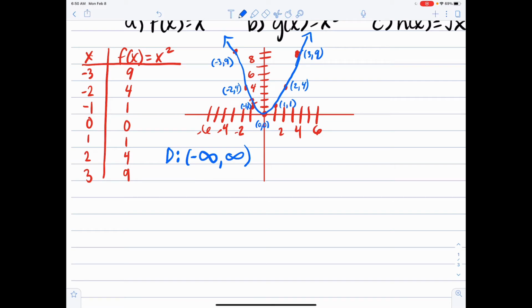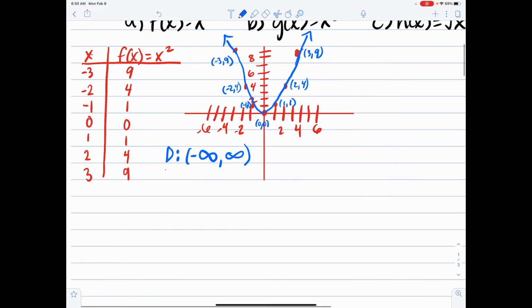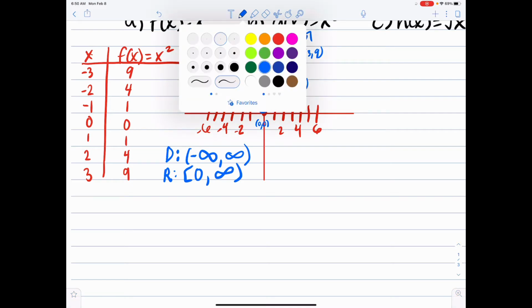And then your range, your answers are always going to be 0 or positive, okay? So no matter where you go in the x direction, your answers are always going to go up in the positive direction. So my range is actually 0, including 0, and up to positive infinity, only positive answers. Okay, we can move on to the next one.